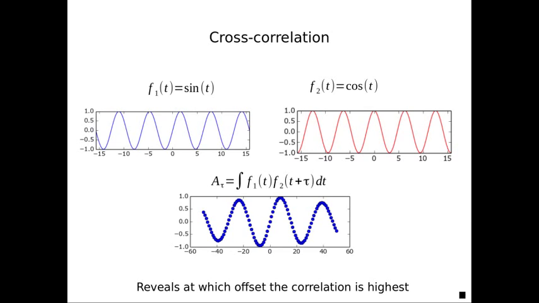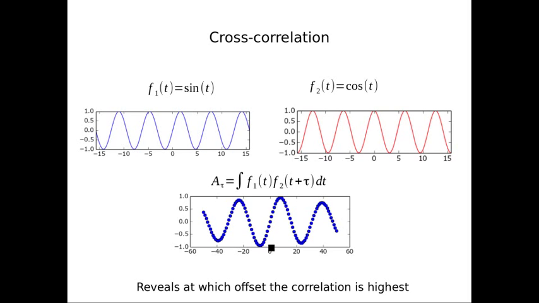Okay, and we can apply the same idea to two signals. So this would be called the cross correlation. So if I take f1 equals sine t and f2 equals cosine t, and I apply the same procedure, I multiply the signals, take the sum under the curve, and then time shift, and then compute this for different lags or different time shifts, I get a curve that looks like this.